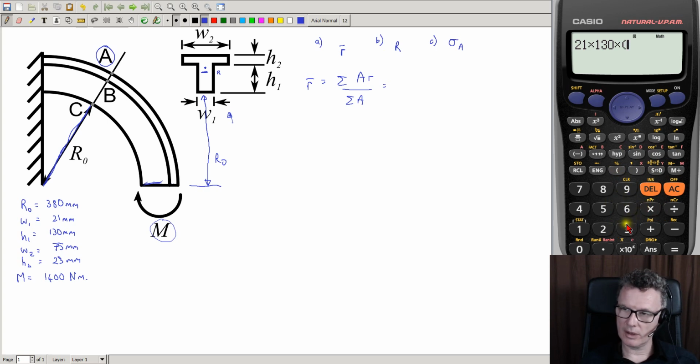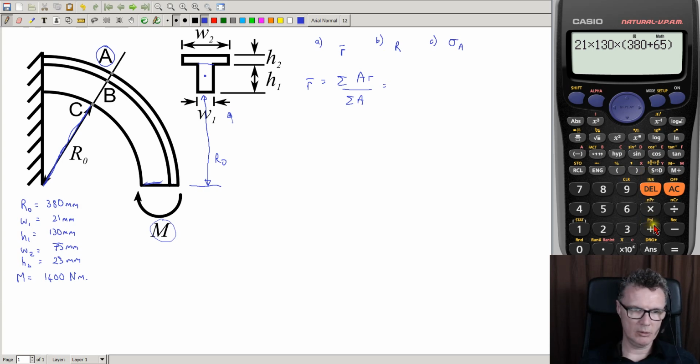So it's going to be 380 plus, now can I do the next bit in my head? I want to find the middle of this section here. So it's going to be half of h1. Half of h1 is 65. Okay, close the bracket. So I'm letting the calculator do virtually all the work.